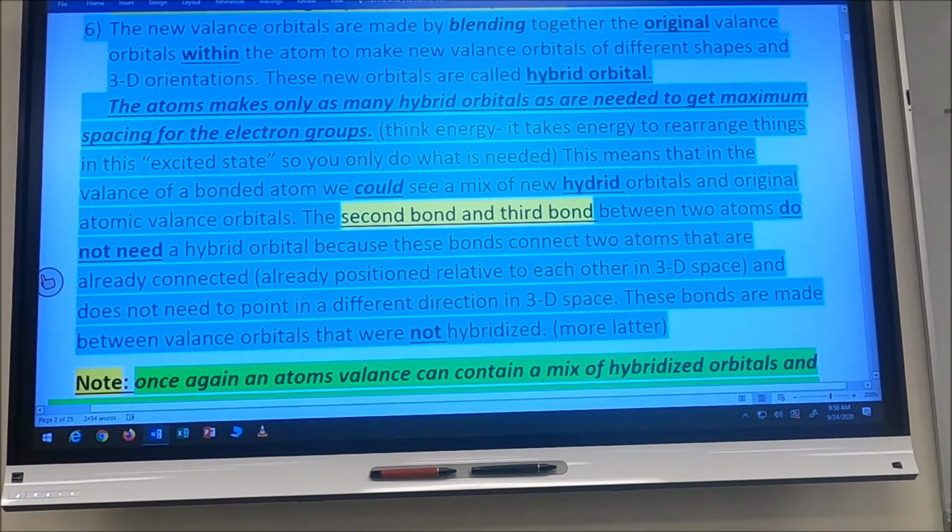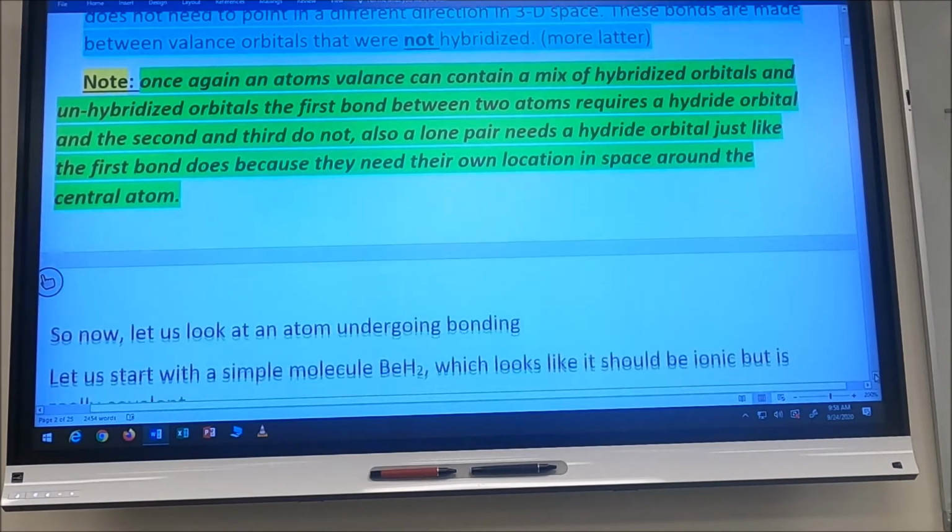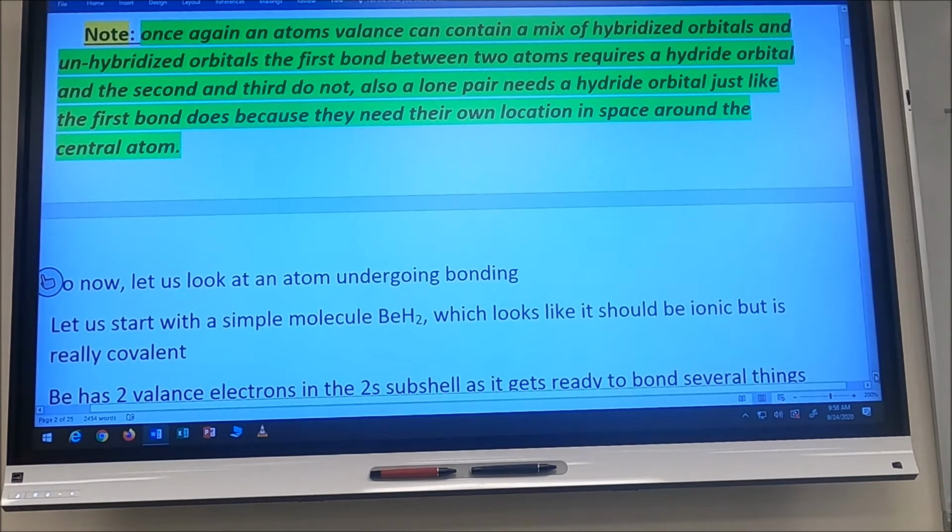Big note, remind you one more time. An atom's valence can contain a mix of hybridized orbitals and unhybridized orbitals. The first bond between two atoms requires a hybrid orbital. The second and third bond do not. Also, lone pairs need a hybrid orbital, just like the first bond that an atom makes to another atom.